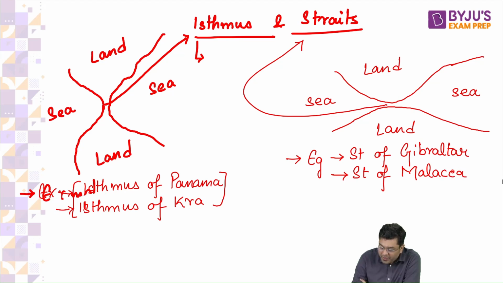Where is Strait of Gibraltar situated? Strait of Malacca. Yes, between Spain and Africa. Yes, correct. Spain and Morocco. Yes. Then after that, you also have Palk Strait. Yes, you can consider Palk Strait.